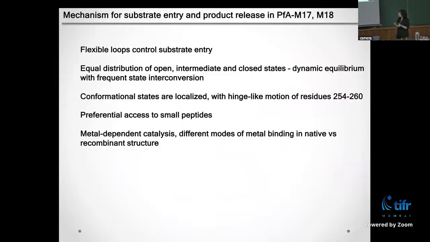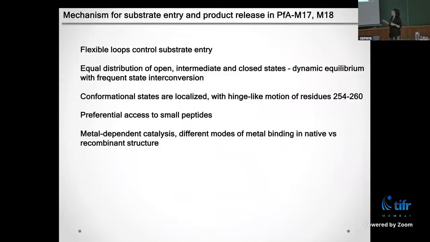And then we can see that these can exist in different conformations which can block access to the active site. And we find almost an equal distribution of the three states, and primarily dependent on the hinge-like motion of the residues between 254 and 260, and because the distance that the loop is moving away is quite small.